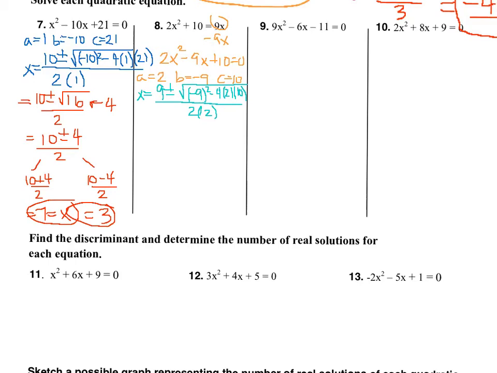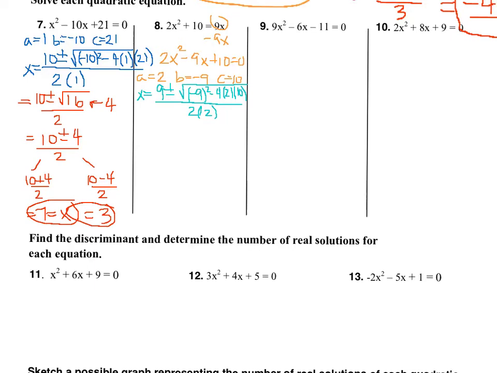Okay, now remember, we're going to go ahead and simplify our discriminant first. So negative 9 squared is going to give me 81. And remember, you can put this straight into your calculator. Minus 4 times 2 times 10.